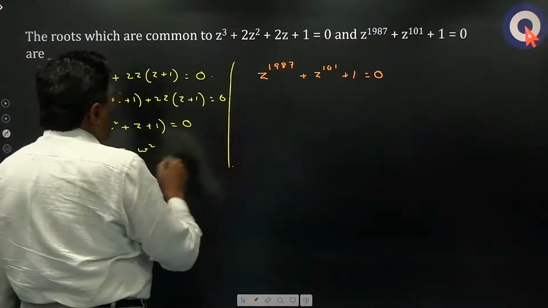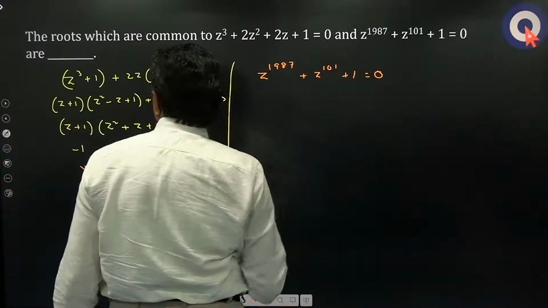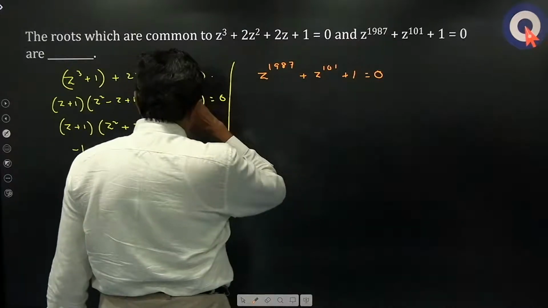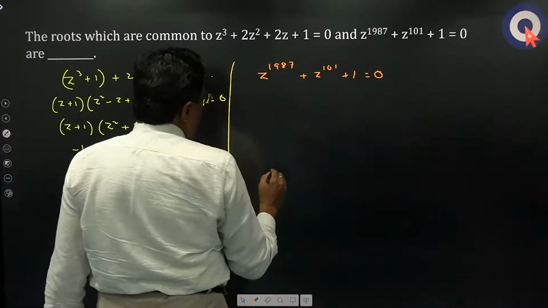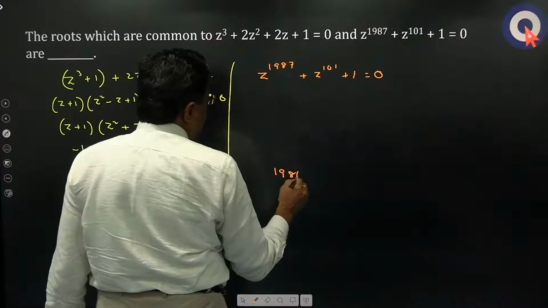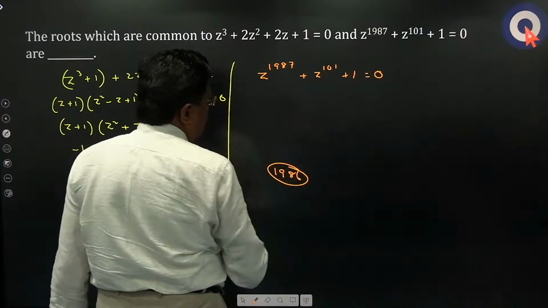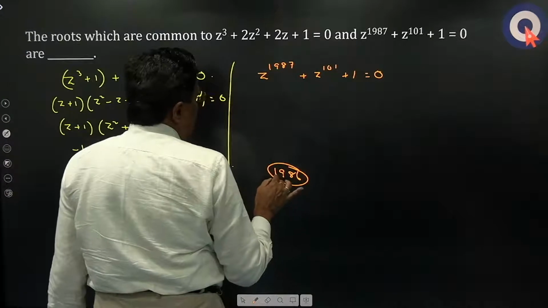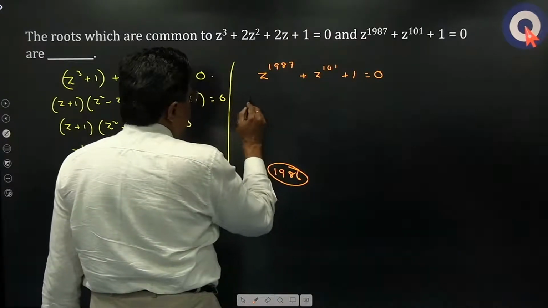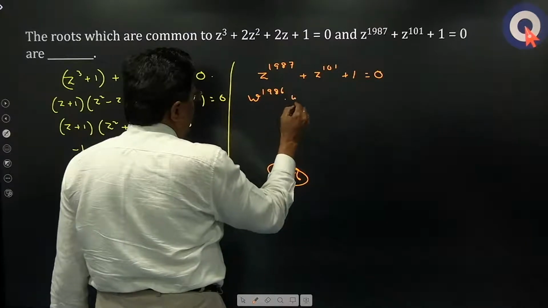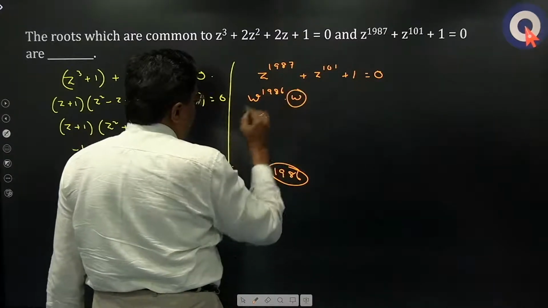If I put omega, which is a complex cube root of unity, what happens is, 1986 is divisible by 3. So therefore you get omega to the power of 1986 into omega, so what you get is omega here.